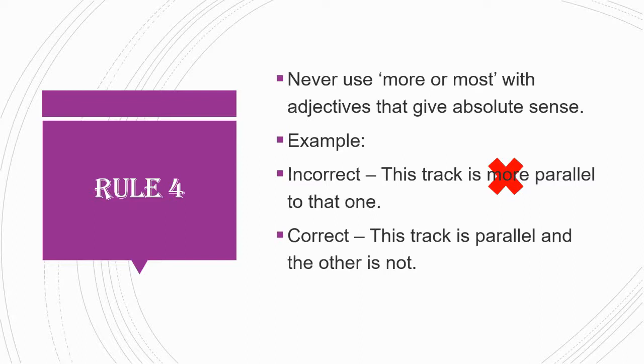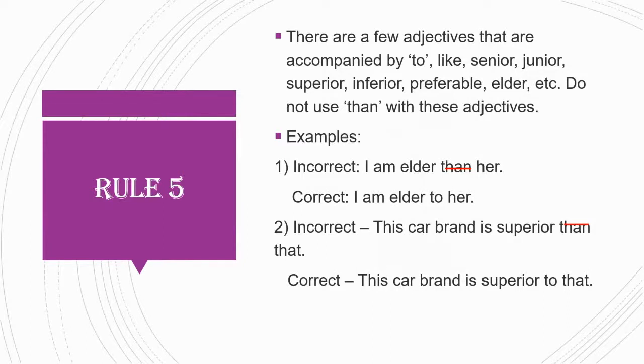Rule number five: there are a few adjectives that are accompanied by to, like senior, junior, superior, inferior, preferable, elder, etc. Do not use than with these adjectives.